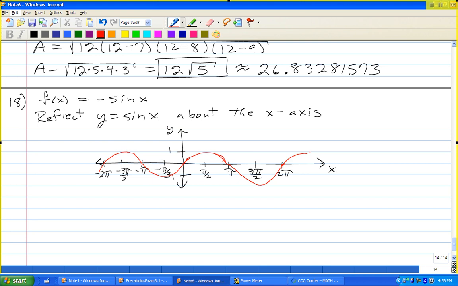Oh, I went down to 2 here, didn't I? That obviously went too far. Okay, there. So that's what sine looks like.